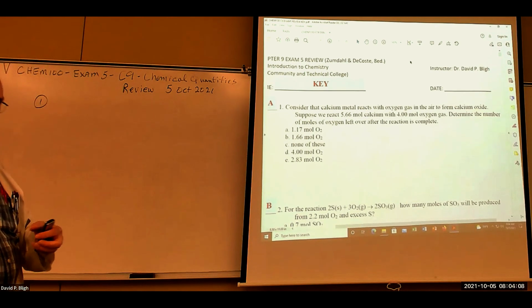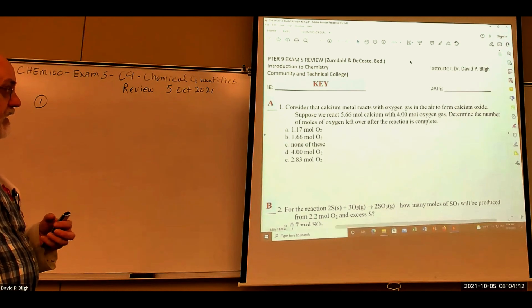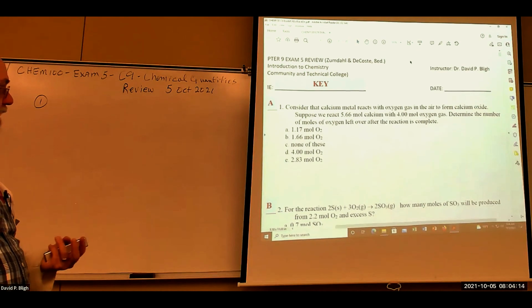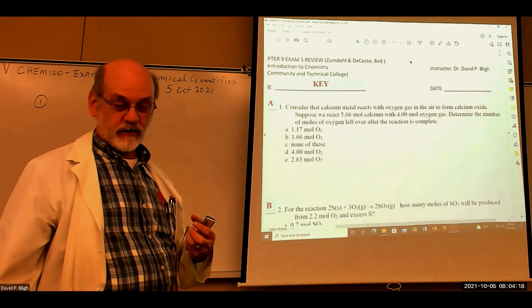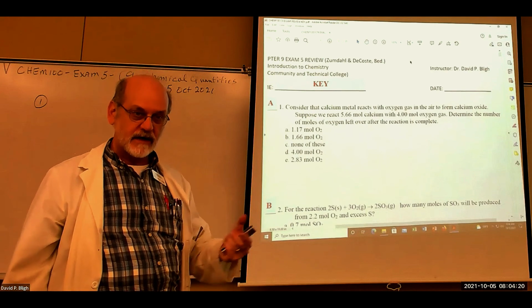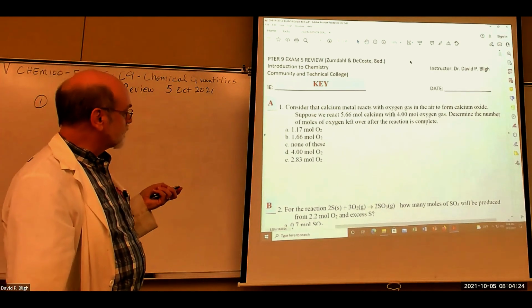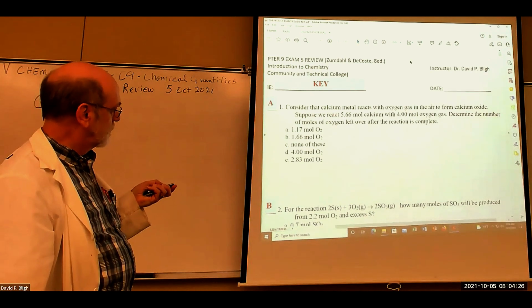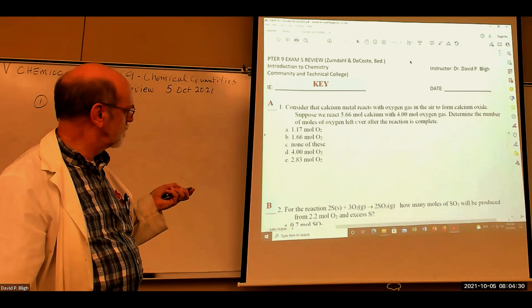Consider that calcium metal reacts with oxygen gas in air to form calcium oxide. Okay, immediately you know you're going to have to write compounds and a balanced equation. Then we say, suppose we react, let's see, is that red showing up?